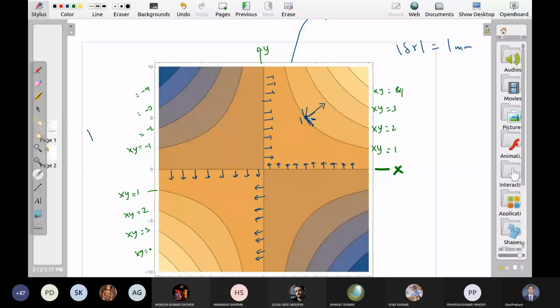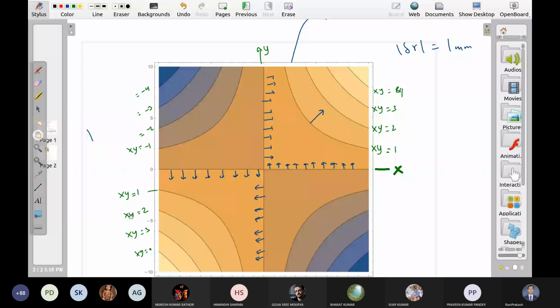So, what is the direction in which it will give you maximum change? The direction of the gradient, direction of del f, right? So, this is the direction of maximum change. If this is the direction of del f, you should go in this direction to receive the maximum change.